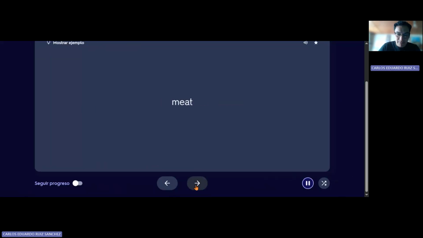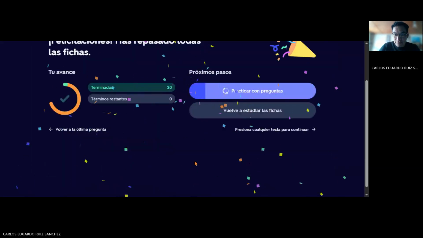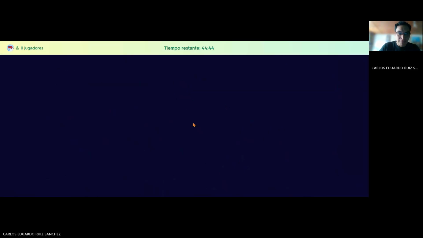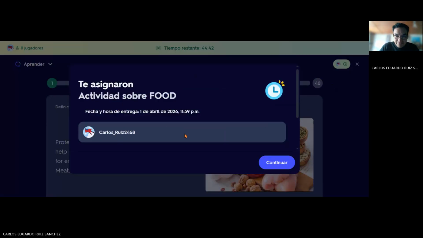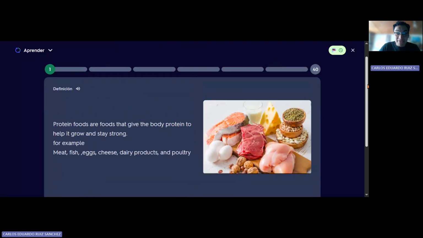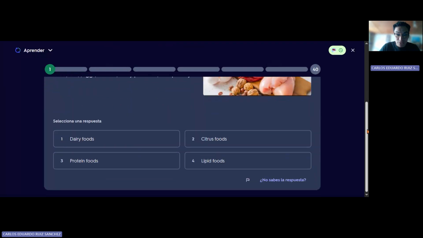A lot of vocabulary about food. So with this vocabulary, I am going to practice with questions. Yes, we watch 10 words and then practice with questions. I was telling that to you. Yes, you need to log in. No problem with that. And after that, these are the statements and the options to answer.